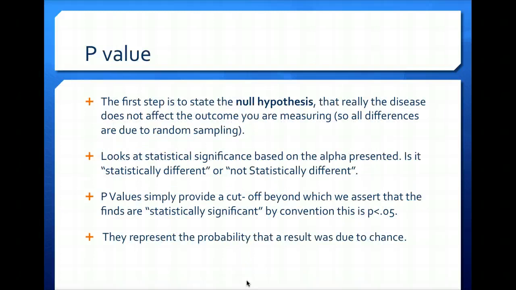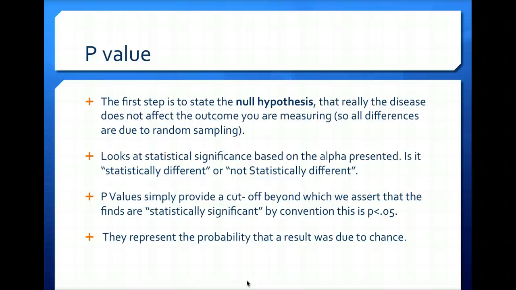Now, the p-value. The first step is to state your null hypothesis, for example that the disease does not affect the outcome you are measuring, so all differences are due to random sampling. The p-value looks at statistical significance based on the alpha presented. Is it statistically different, or not statistically different?